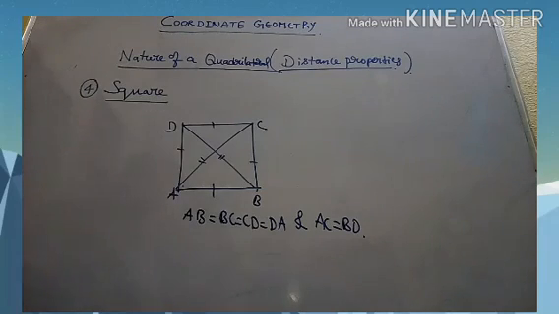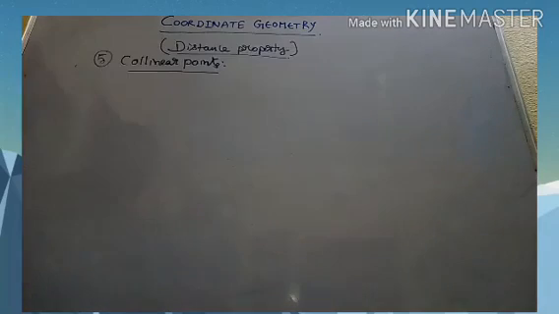That is the way we prove a given quadrilateral is a square. Like that we have some basic problems on proving these things.